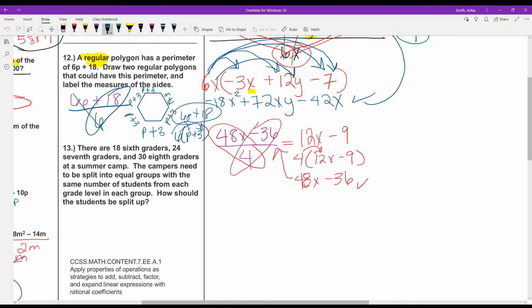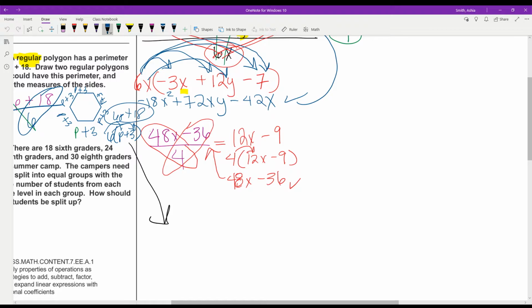All right, so now we need one more regular polygon. Let's look at some common factors for 6 and 18 again. It looks like they both are divisible by 3.